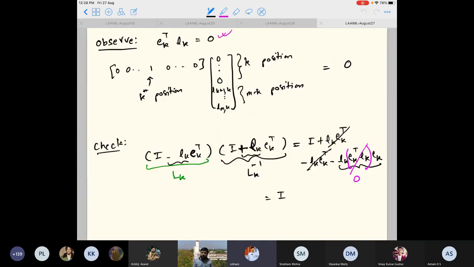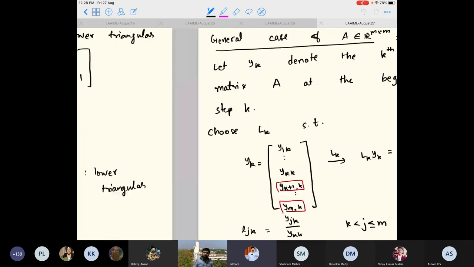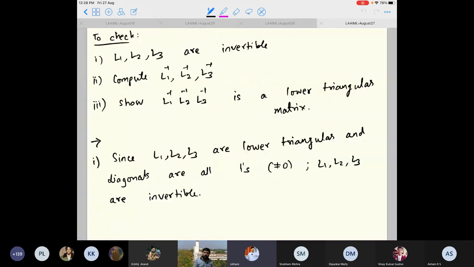Once you understand this, an exact similar argument, where you will multiply this LK vector to EK plus 1 transpose, shows that this product will always be lower triangular. So what we have shown here in the general case is that these guys are invertible, and you can compute inverses really very easily.